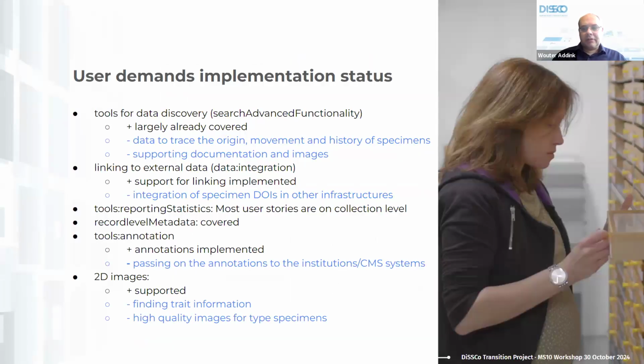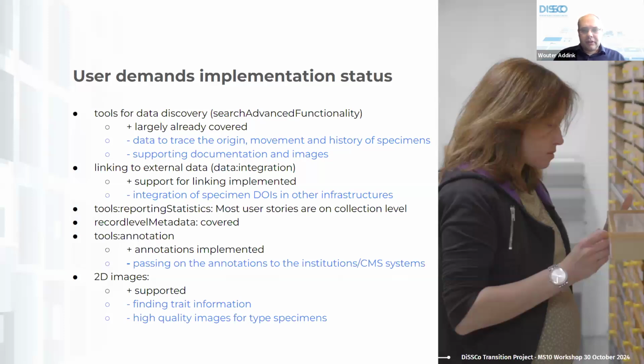If I summarize the demands that were most requested, and look at the implementation status of our MVP currently, then you can see that some things are already covered, but other things are missing.